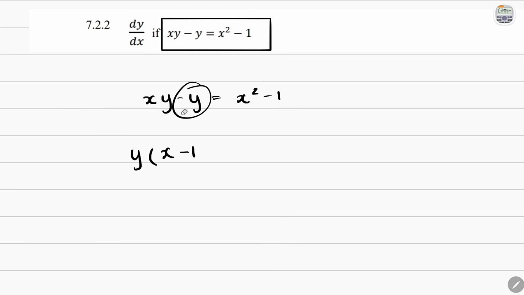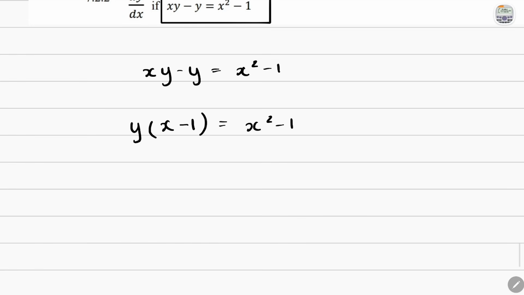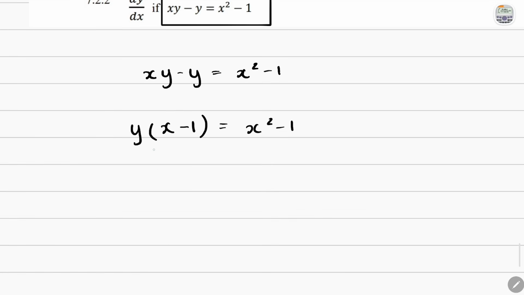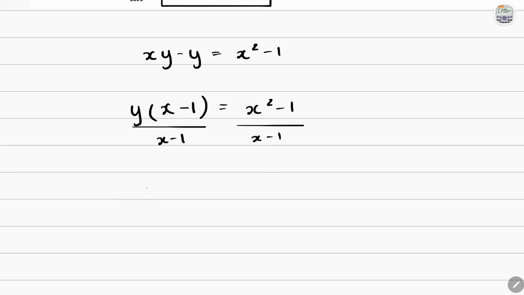You can always say this term, okay, negative y divided by that common factor. Okay, so this is what we have, and we have x squared minus 1. And then to get y on its own so we can determine dy over dx, we're going to divide both hand sides of this equation by x minus 1. Okay, so we have y equals x squared minus 1 over x minus 1.